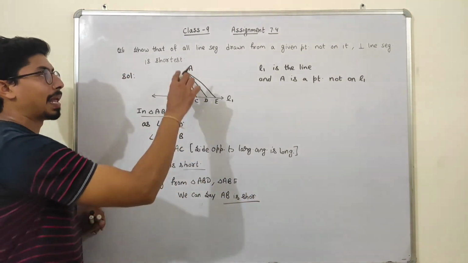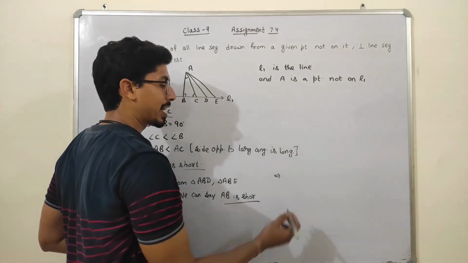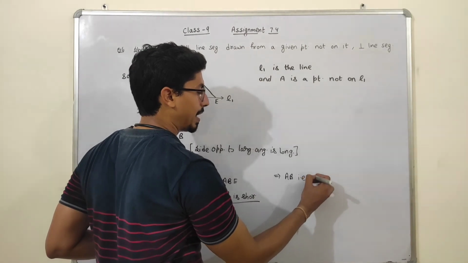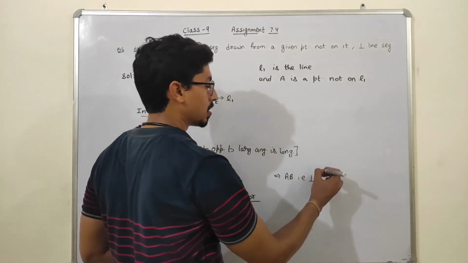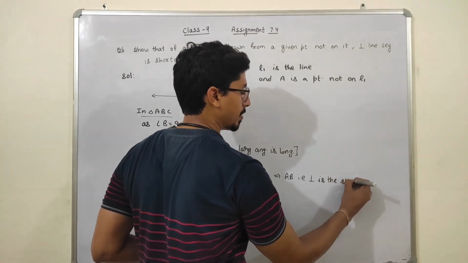This implies that AB, that is the perpendicular, is the shortest side.